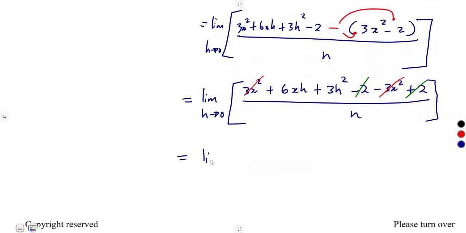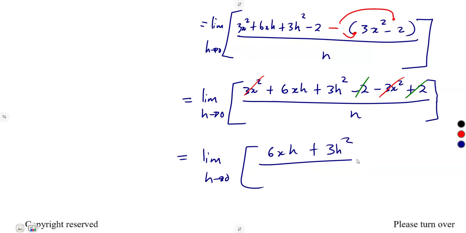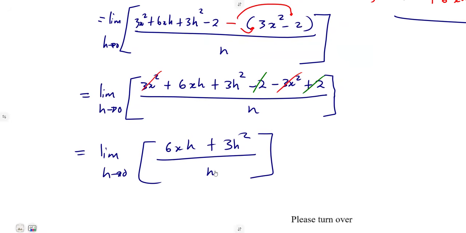So our numerator is going to be 6xh plus 3h squared over what? Over h. Our denominator is still with h. So to get rid of that h in the denominator, either I'm going to separate these terms or I can factorize. I can simply separate these terms, everything over h.